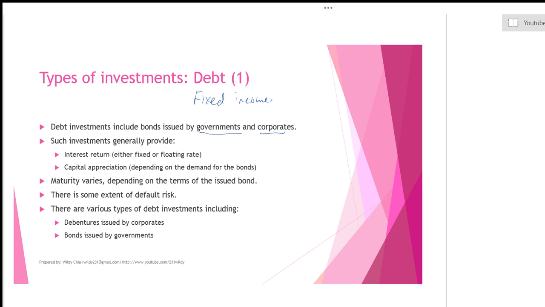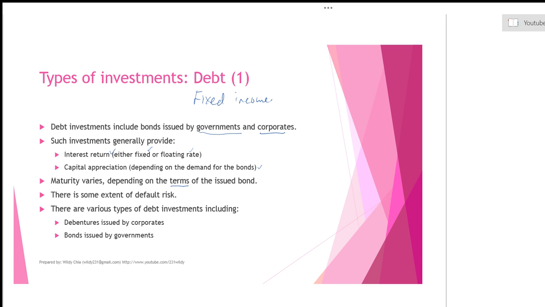So such investments are attractive in a way because they guarantee maybe interest return, and this rate of interest return may be either fixed or floating, right? Also, there is potential for capital appreciation depending on the demand for bonds. Maturity of the bonds may vary depending on the terms of the issue, right? So you might have a bond that matures in 2 years, 5 years, 10, 20, or may never mature.